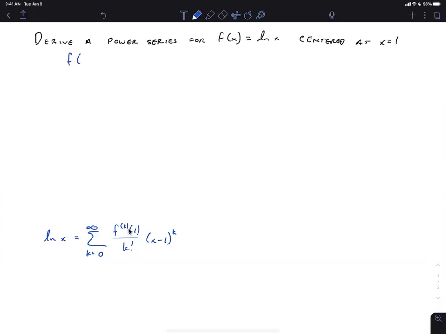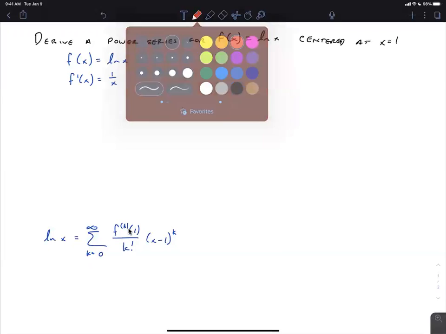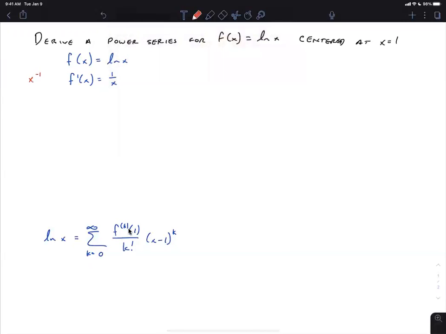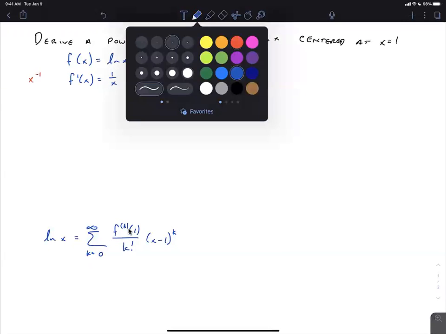So f0 of x is just f of x, that's natural log x. Obviously, the first derivative then is 1 over x, and we don't need to think of it as x to the negative 1, but it makes it easier for the derivative if we do that.